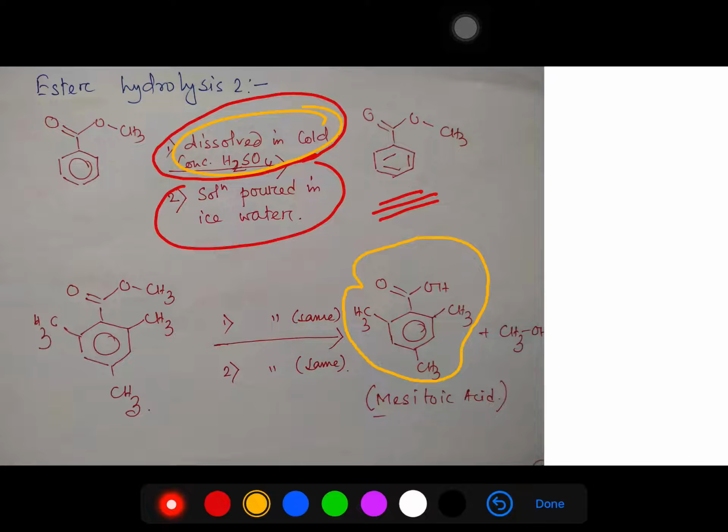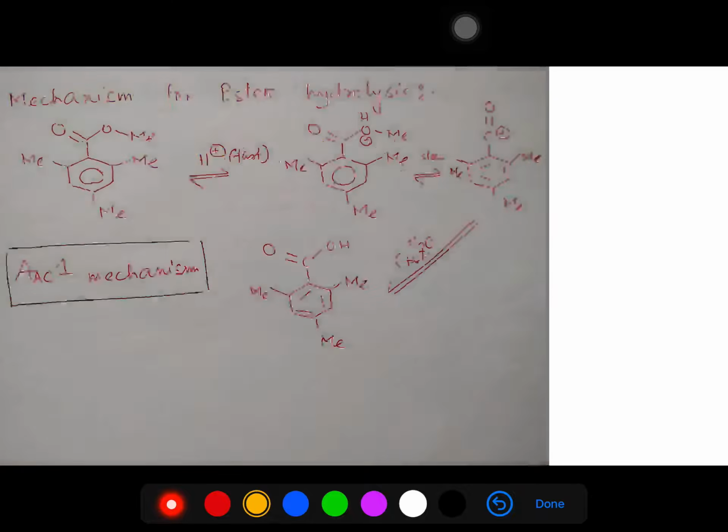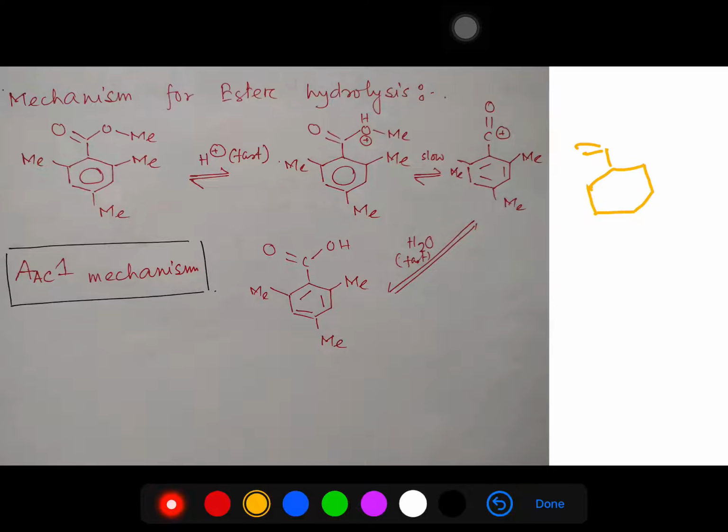Sorry. So this is the mesitoic acid. So this is the second hydrolysis. Okay. So in order to understand the details, let's discuss the mechanism first. We know that if you take a carboxylic acid and put acid, what is expected?